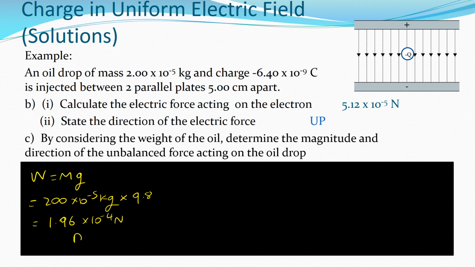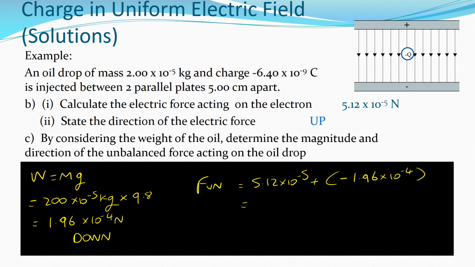Now, we know the electric force is acting up. This is acting down. So the way we show up and down is by having negatives. So our overall unbalanced force is going to be our force going up, which is 5.12 times 10 to the negative 5, plus our force going down, which is negative 1.96 times 10 to the negative 4.